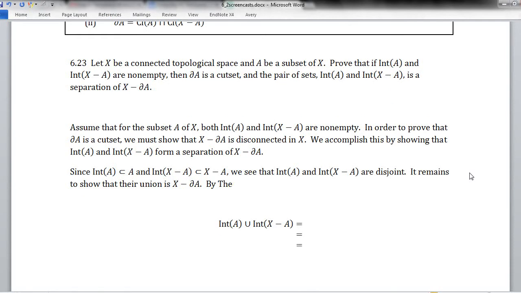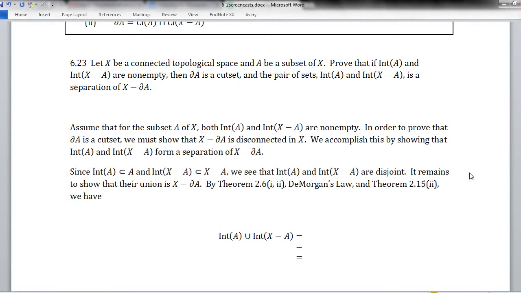Let me just quote them here: by Theorem 2.6, parts 1 and 2, and by De Morgan's law, and by Theorem 2.15, part 2, we have, okay, well, I want to show the union of these two sets is X minus the boundary.